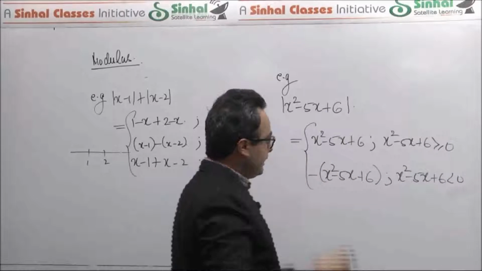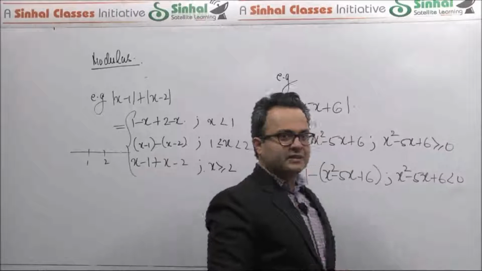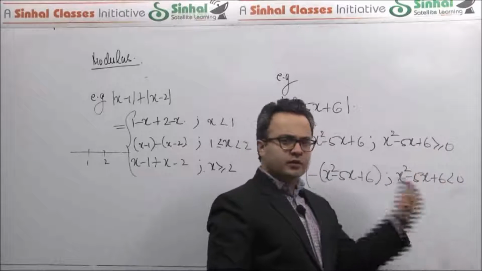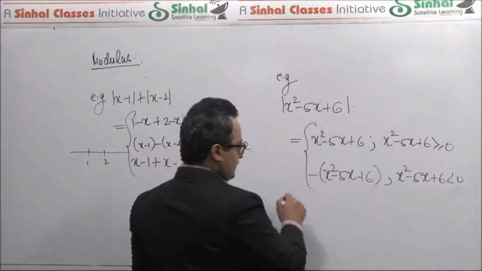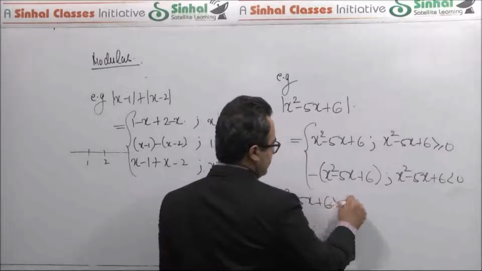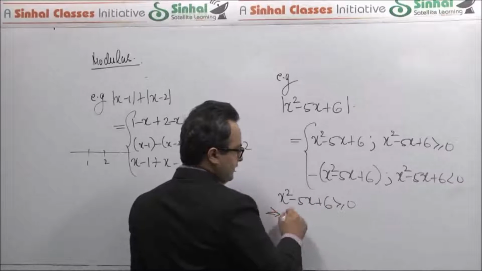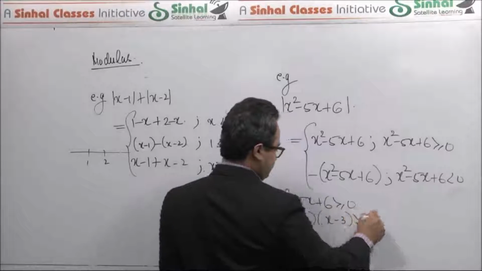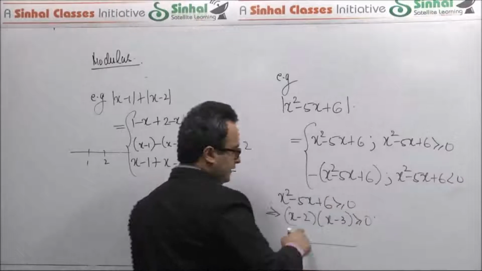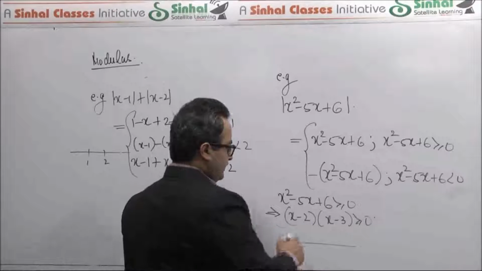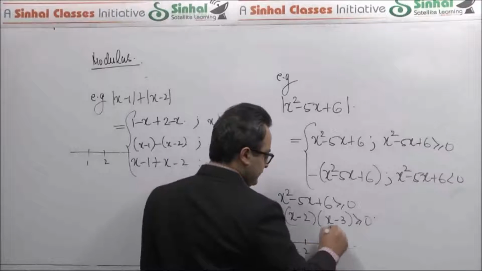Now we'll further have to figure out which are those values of x for which these conditions themselves are satisfied. And for that, of course, we could go to our wavy curve method again. So x square minus 5x plus 6 is greater than or equal to 0. That will happen if, so again, product of two linear factors, coefficient of x is positive in both the factors, critical points are 2 and 3.